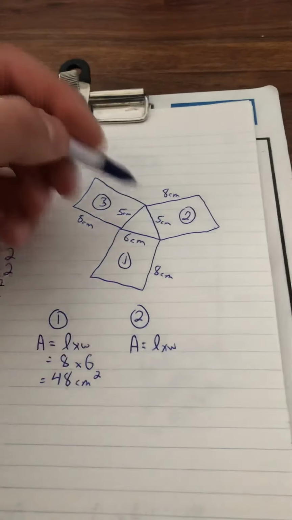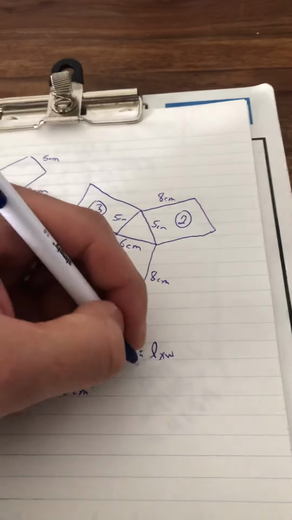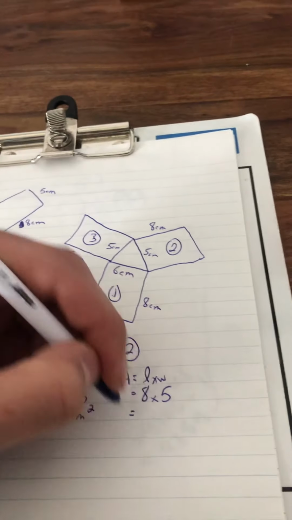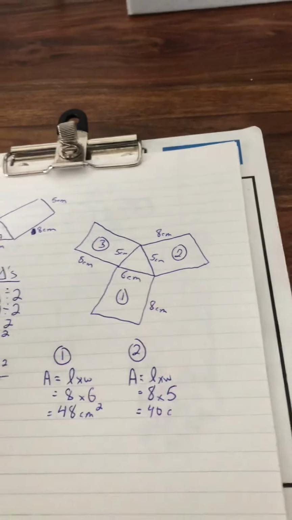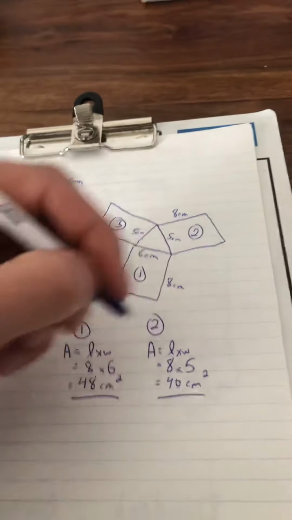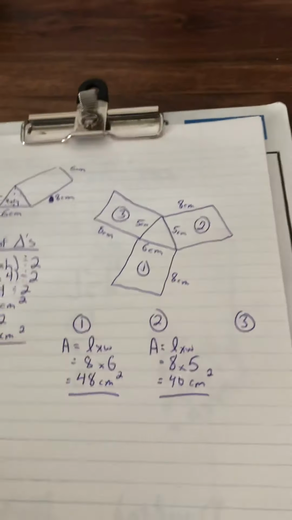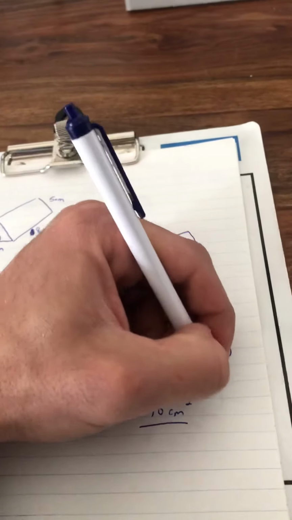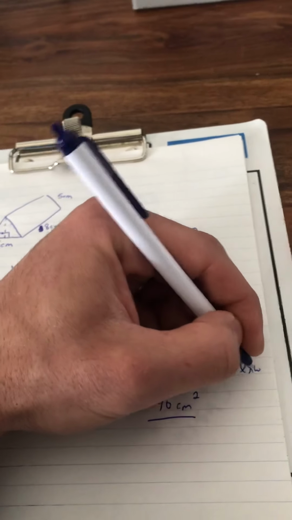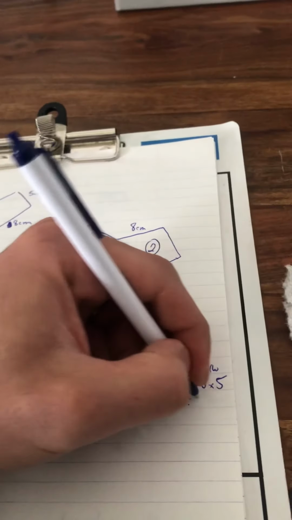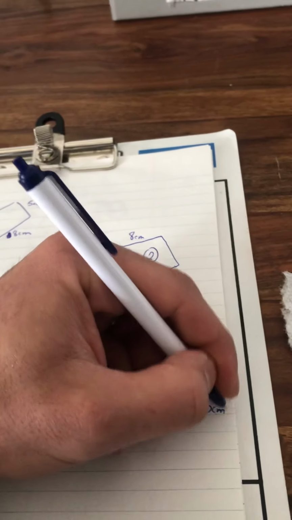The same formula because we're looking at a rectangle. Our length is once again 8. Our width is going to be 5. 8 times 5 is 40 centimeters squared. And then rectangle 3, 8 for our length, 5 again for our width. Area equals length times width equals 8 times 5, which equals 40 centimeters squared.